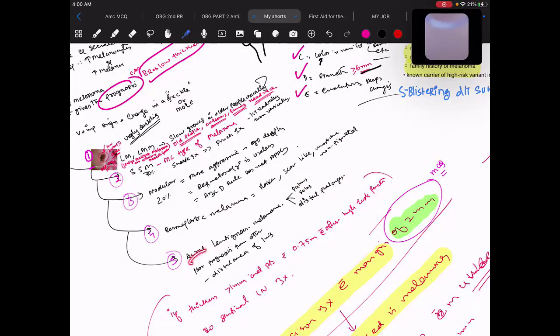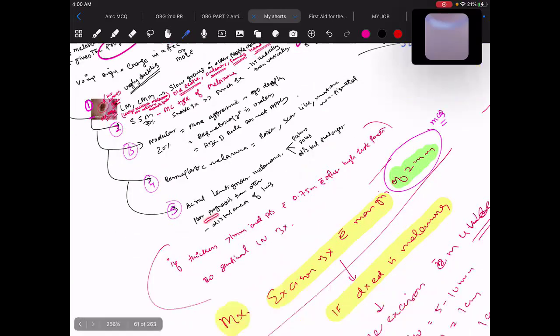Please remember this: acral lentiginous melanoma is seen near the sites of palms, soles, distal phalanges. Any lesion seen at these areas, think of acral lentiginous melanoma. It has a poorer prognosis than others, and it is most commonly seen in the distal areas of the limb.